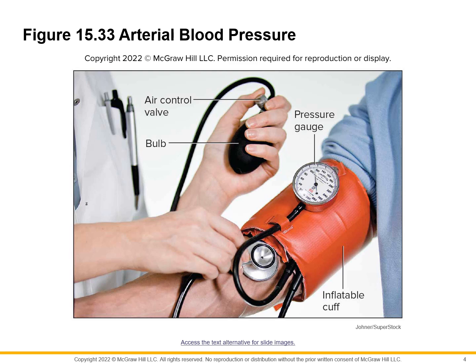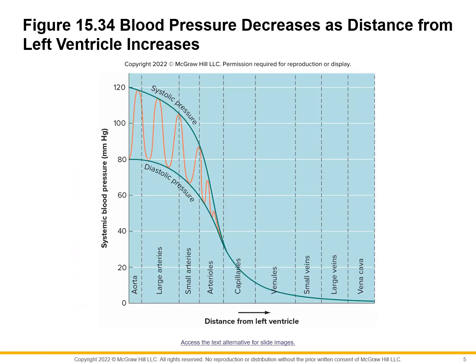And when the sound drops, that means now there is no resistance, and this is the diastolic blood pressure. Okay, so in a normal individual it is 120 over 80.